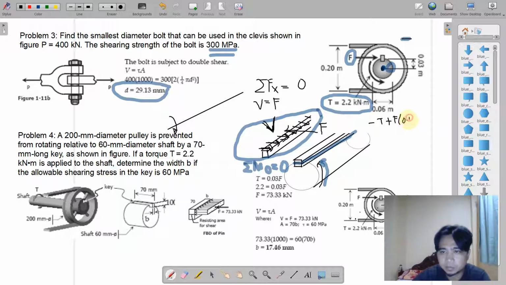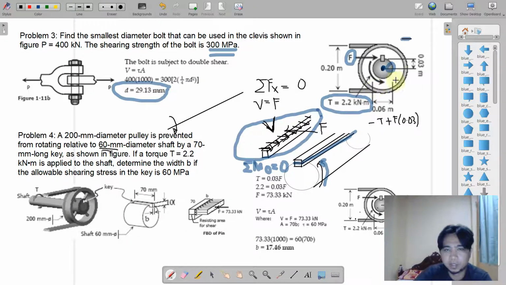Where did we get this value? So 0.03 meter is half of the diameter of the pulley, and that is 0.06 meter or 60 millimeter. So 60 millimeters just divided by 1000 to make it in meters. So 60 divided by 1000 is 0.06.